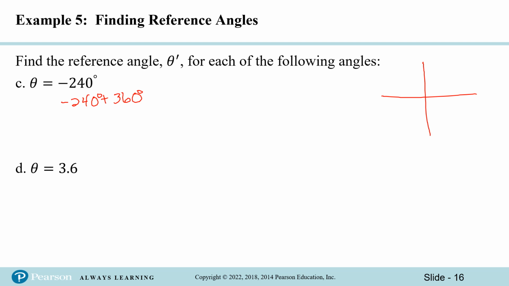And if we take 360 and add a negative 240, that gives me 120. Okay, so my angle is right in here. Here is my negative 240. Okay? But it's equivalent to 120.